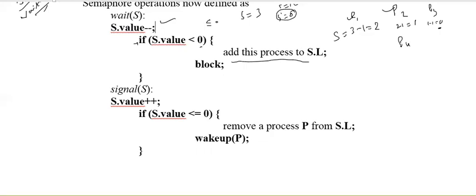But once P4 arrived, P4 did s dot value minus minus. So 0 minus 1 becomes minus 1. Since value is minus 1, it will add into the list. So P4 is in the waiting zone and P4 got blocked.